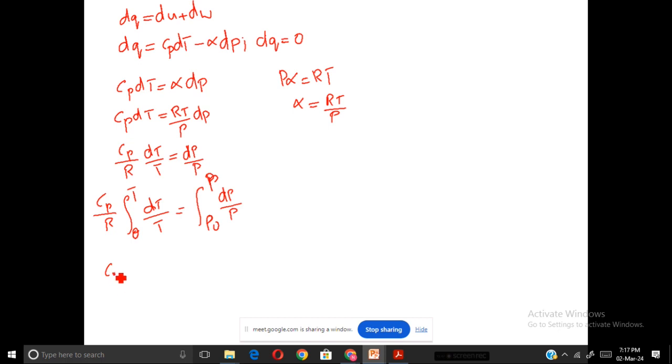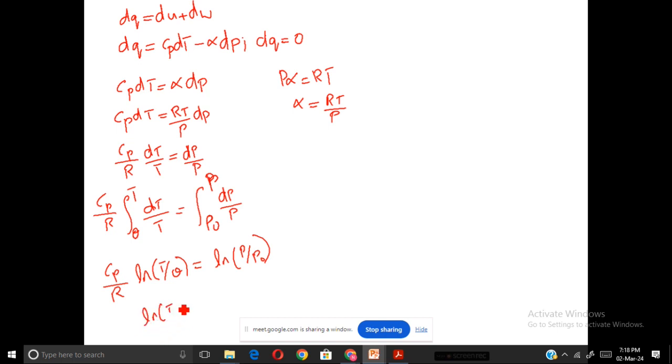So Cp by R into the integral of dT by T gives log T by theta, which is equal to log P by P0.